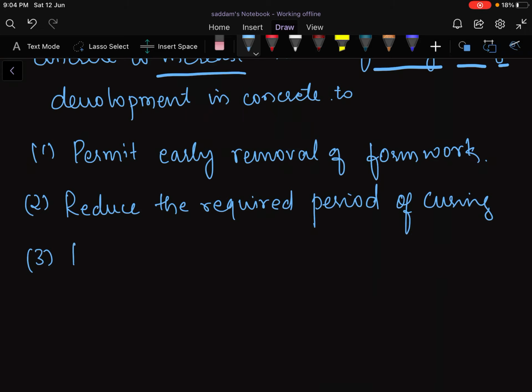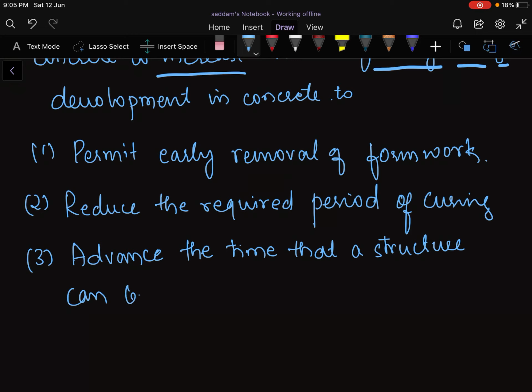Third point is to advance the time that a structure can be placed in service.